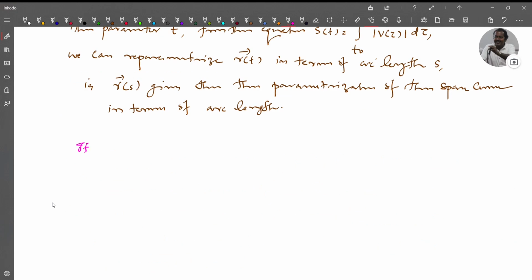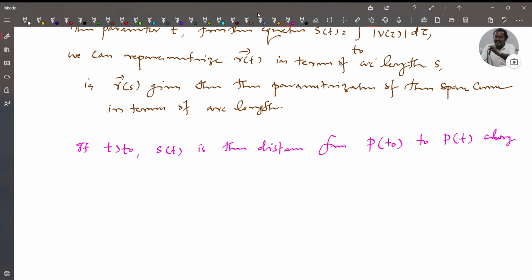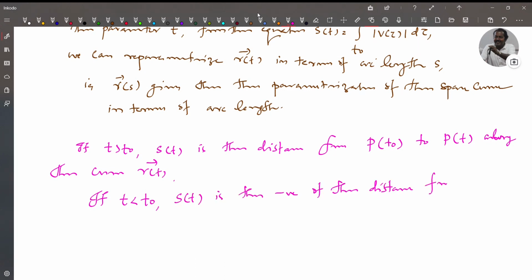If t is greater than t naught, s of t is the distance from P of t naught to P of t along the curve r of t. If t is less than t naught, s of t is the negative of the distance from P of t naught to P of t along r of t.